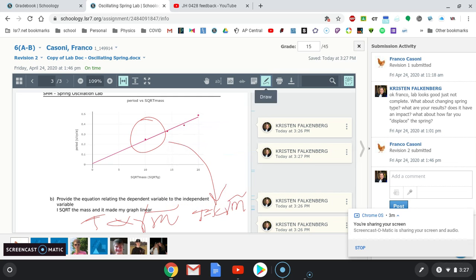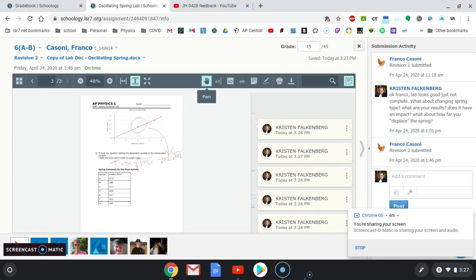The period of the oscillation is proportional to the square root of the mass, or more specifically, if I wanted to predict for a mass, say of 500 or 1,000, I'd put the 1,000 grams in there, and then I'd multiply it by my slope, and I should be able to find the period for that. Okay, so that's kind of the point for that.